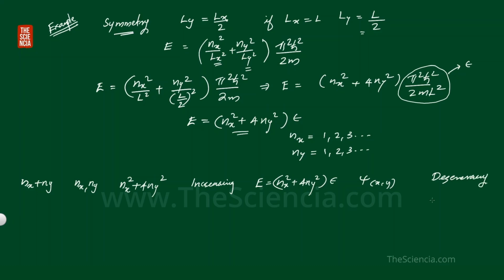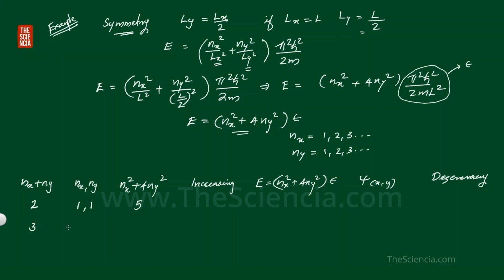Let us take the combinations. The minimum value of nx is 1 and the minimum value of ny is 1. So nx plus ny, the first combination, is 2, where nx is 1 and ny is 1. And nx square plus 4ny square will be 1 plus 4, that is 5.